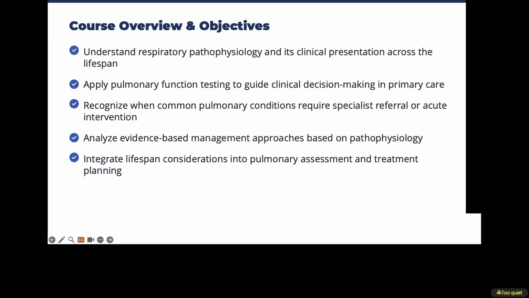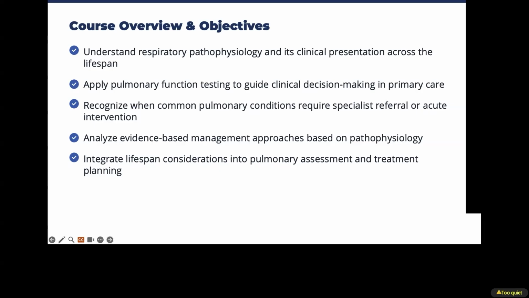So how do we interpret spirometry, total lung capacity, things like residual volume, diffusion, lung capacity? All of those numbers are guides. They're not absolute. And so they're going to change over time, and you're going to interpret for age, race, and height and sex.